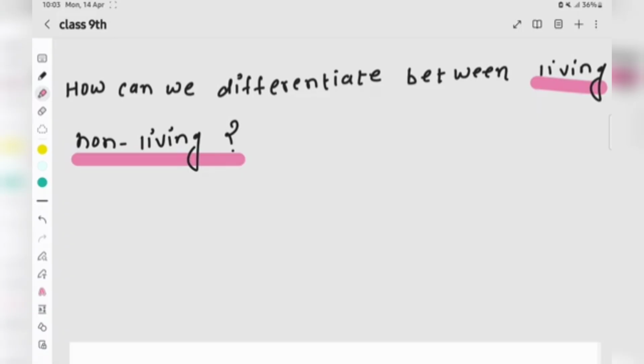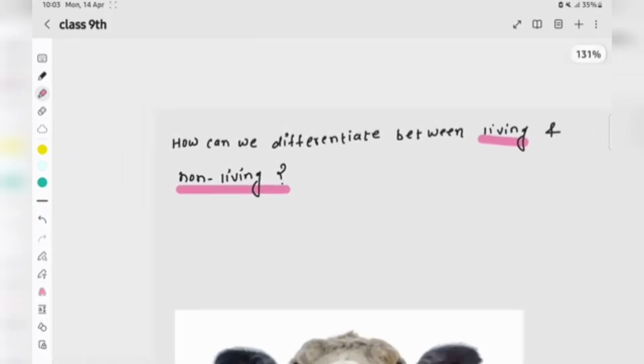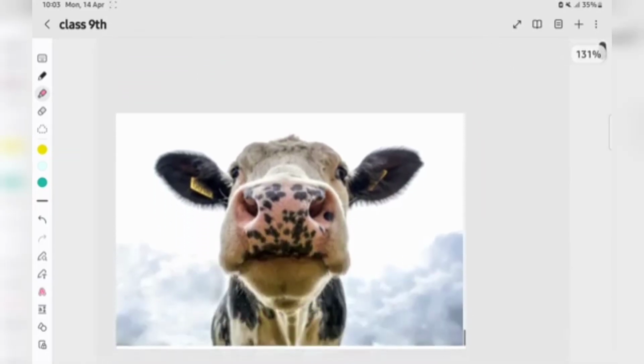Look around and look at the things near you, and think if they are living or non-living. Can you categorize things present in your surroundings as living or non-living? Yes. Okay, I'll give you some examples. For example, look at this.